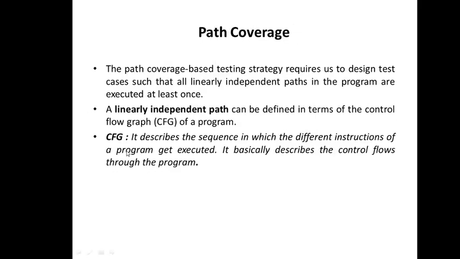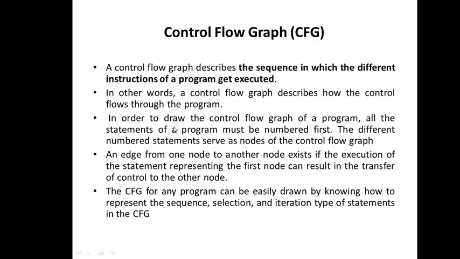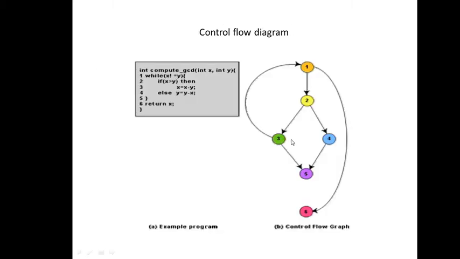Then what is required is a control flow graph. I have discussed what a control flow graph is. It represents the sequence in which the different instructions of a program get executed. It shows the control flow through the program. In order to draw the control flow graph of a program, what is required? We have to number the statements, which is equivalent to the number of nodes. Then we make the edges as per the control flows.